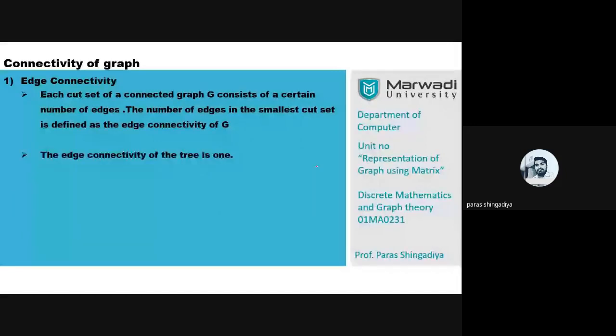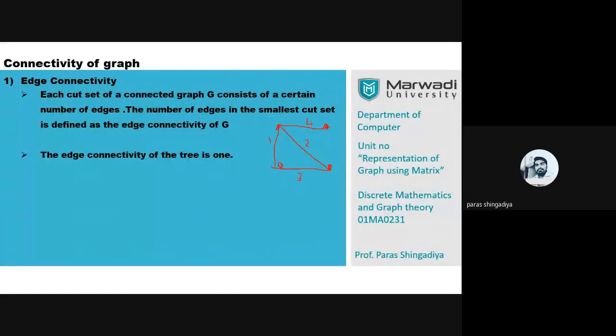So let us consider one graph here and check its edge connectivity. I consider a simple graph with 4 vertices. Let us mention the edge notations 1, 2, 3. There are 4 edges and 4 vertices.